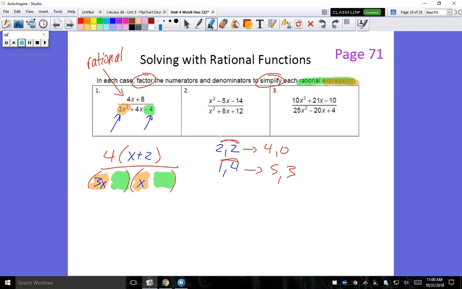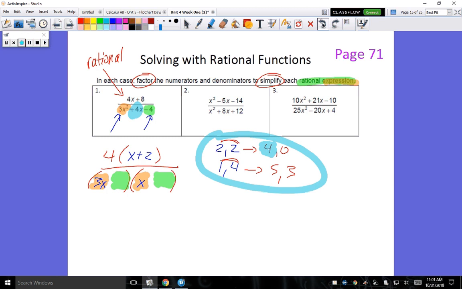Now we're looking for this 4 right here. It could possibly be this one. But this strategy works if and only if the very, very first number is what? 1. Nicely done. 1. If it's not, you got to get creative. You got to test and trial and error it.